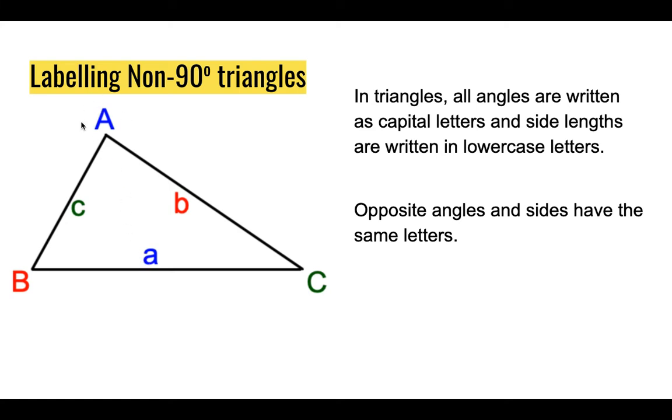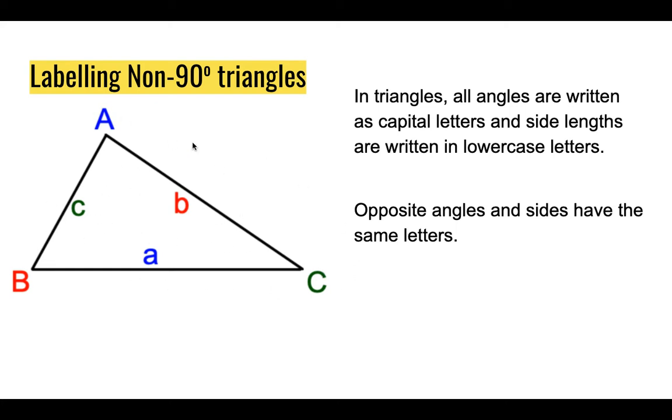So if you have big A here, your angle A, the little a is going to be the side across the triangle from big A. And notice how the B's are across the triangle from each other, and the C's are opposite each other. So that's how we can label a triangle.